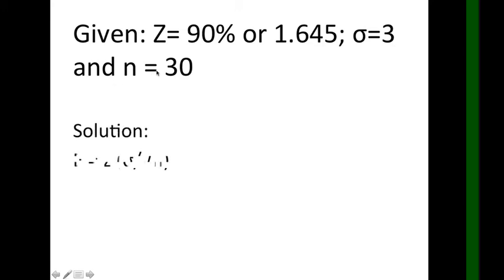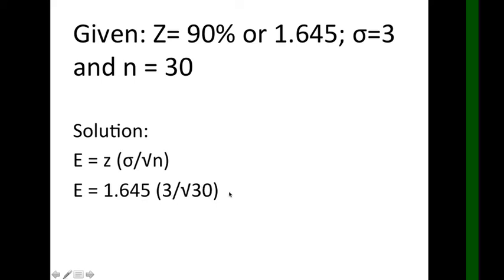So using the formula for the margin of error equals Z quantity sigma over square root of n, just substitute the given. So we have positive negative 1.645 quantity 3 over square root of 30. Okay, on your calculator or using your cell phone calculator, we can solve this.